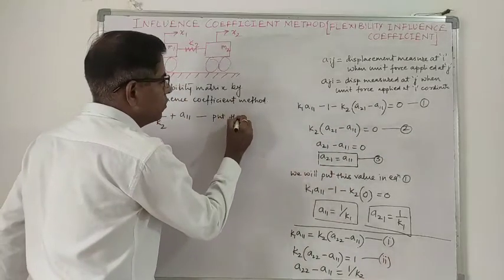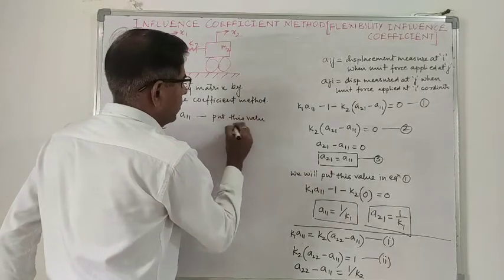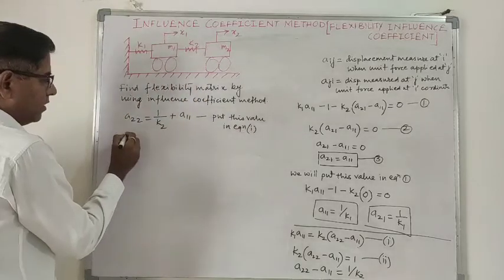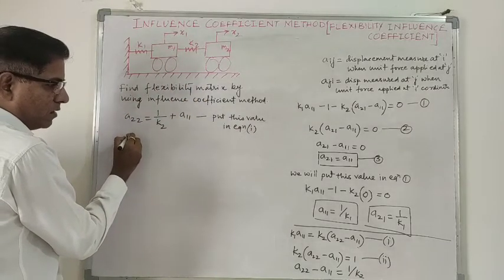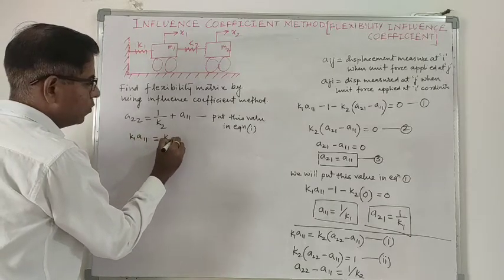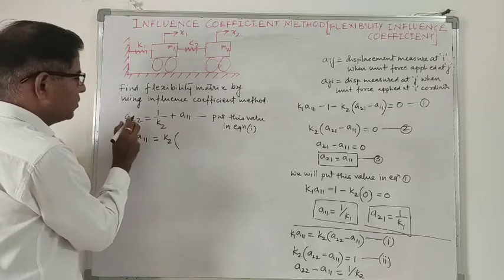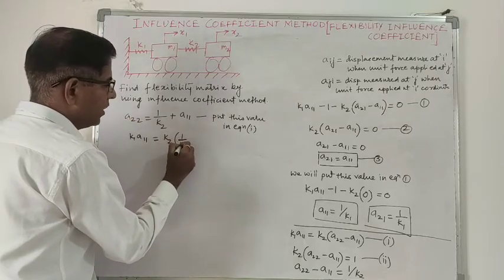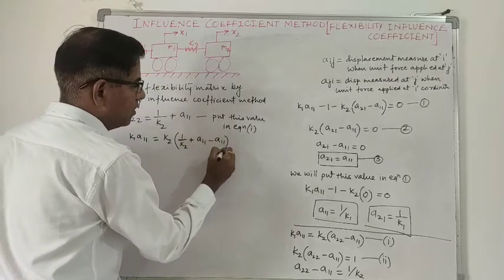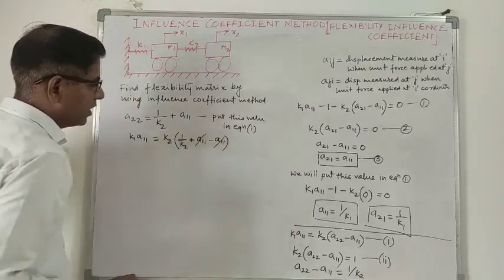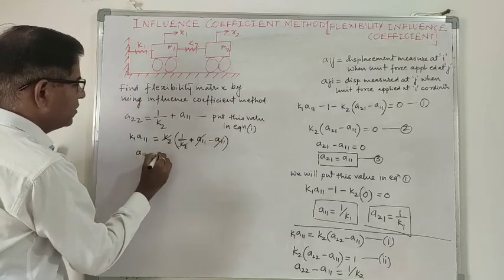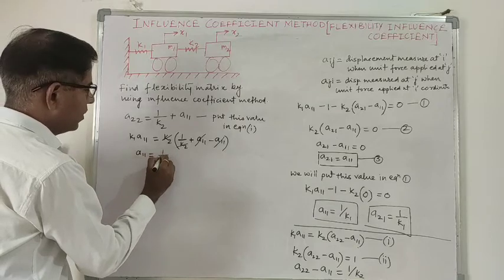So put this value in equation 1, then it is K1 A12 is equal to K2 in bracket, in place of A22, so this is 1 upon K2 plus A12 minus A12. So A12 gets cancelled, so A12 is equal to 1 upon K1.